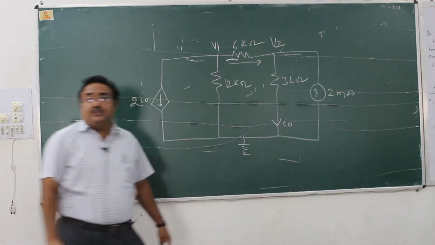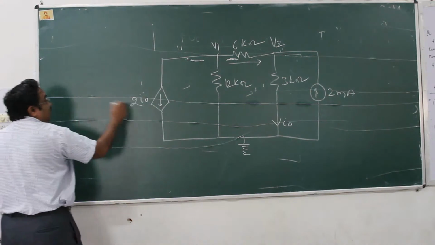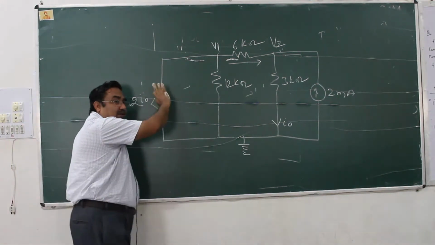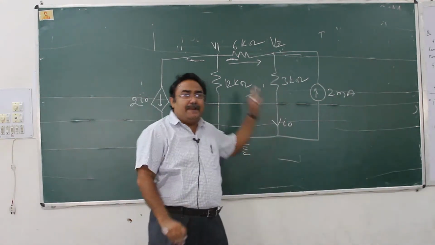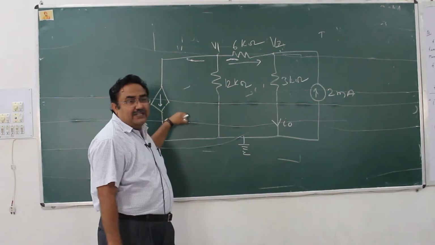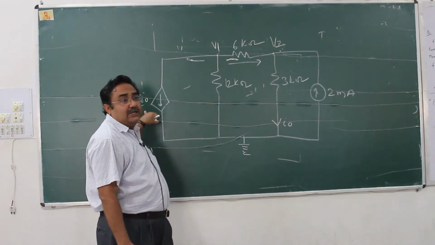Clear? So first of all, we'll write down the corresponding KCL, Kirchhoff's current law, at node number 1, that is V1. So how much will you get? Now this being a current source, first of all, we have to treat it as an independent source only. If it is a current source, we have taken the same value. What is the value of this? Twice I0.